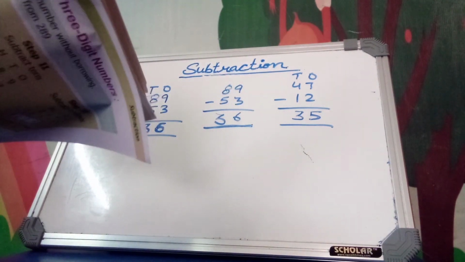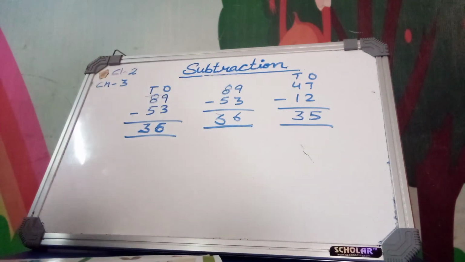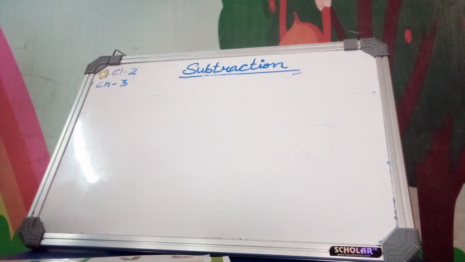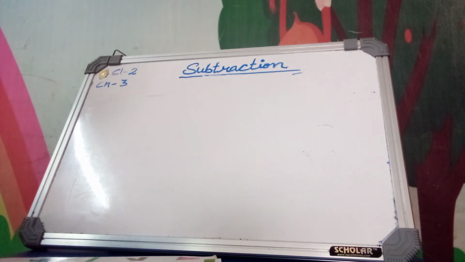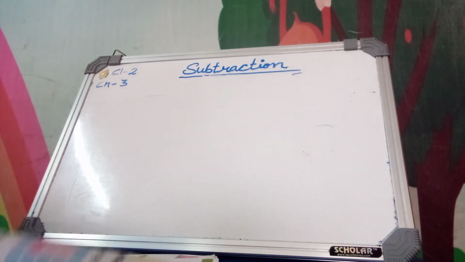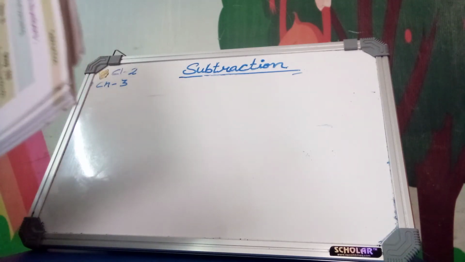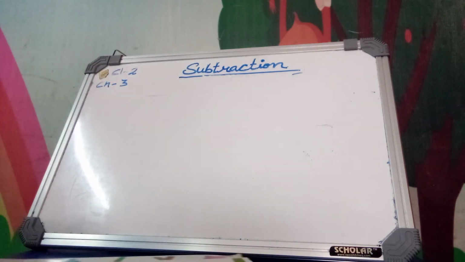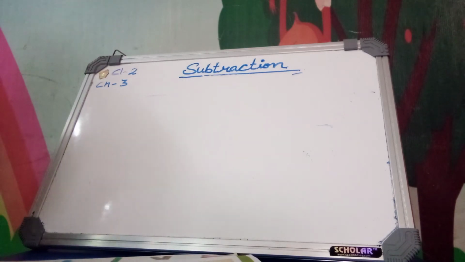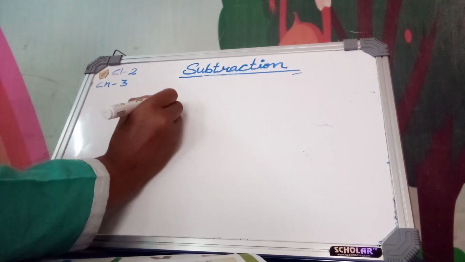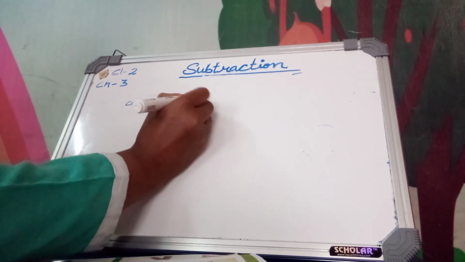Now open your page number 34. Turn your page. Page number 34. Question number 2. Arrange these numbers in column and find their difference. Okay. How to arrange these numbers in column? For example, A, 64 and 32.